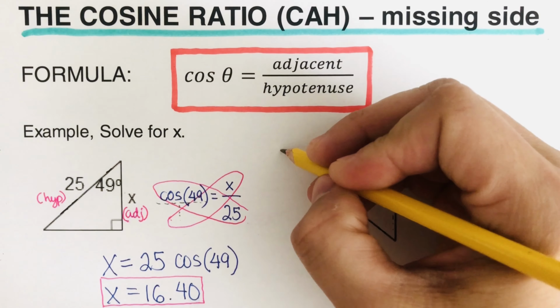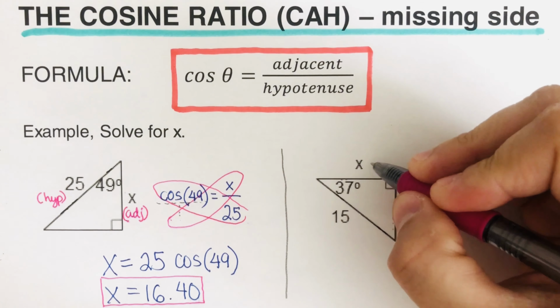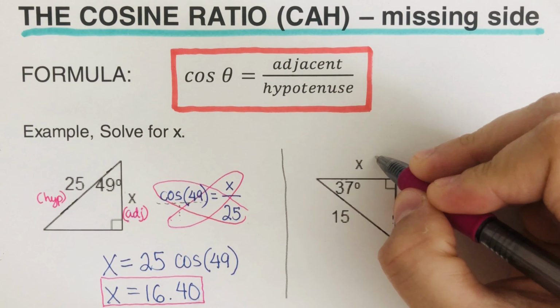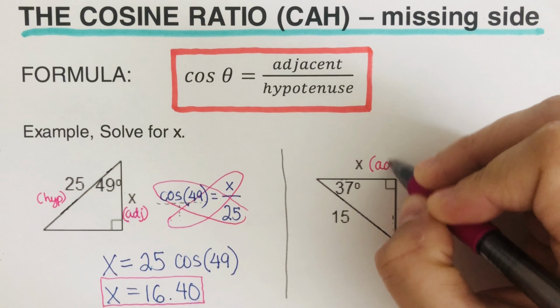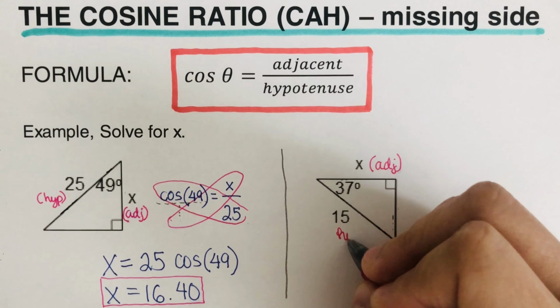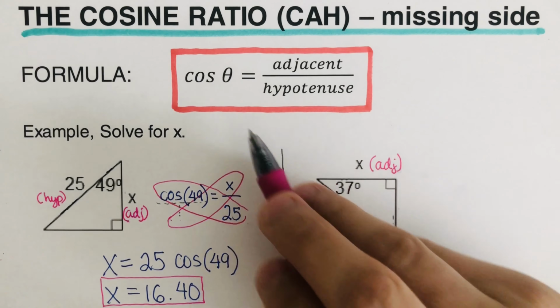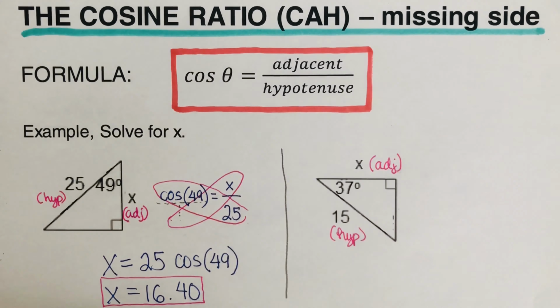Okay, we go over this problem here. We have the x first. Again, we label the parts first. This is our adjacent because it's next to the angle. And the side opposite the 90 degrees is the hypotenuse. So I labeled both of them. We're going to use CAH, the cosine, adjacent over hypotenuse. Then I can set up the equation.